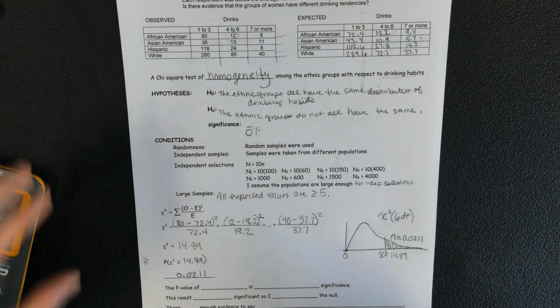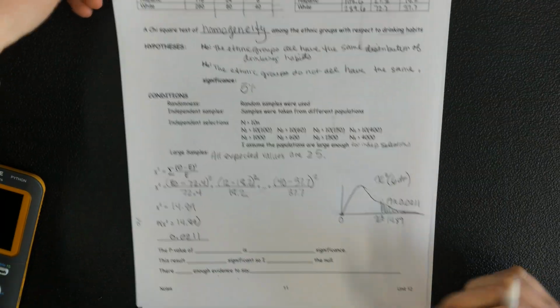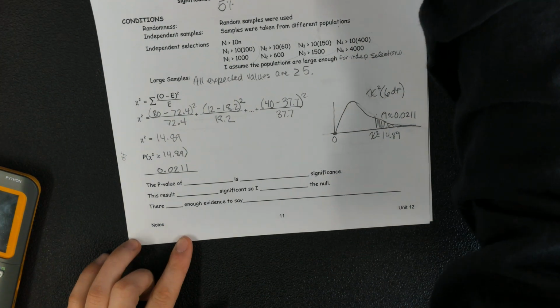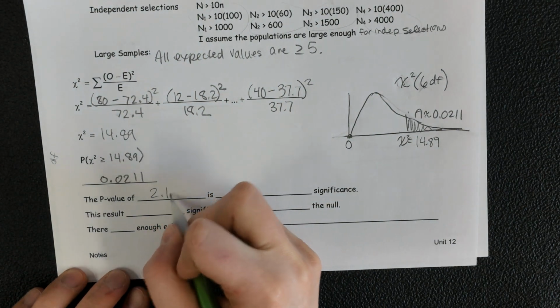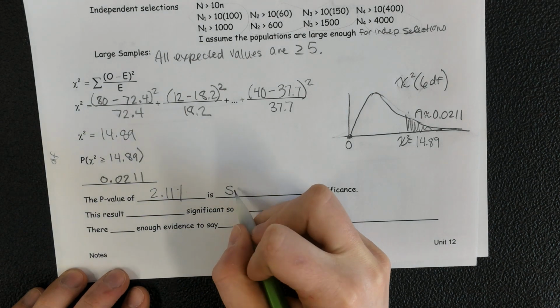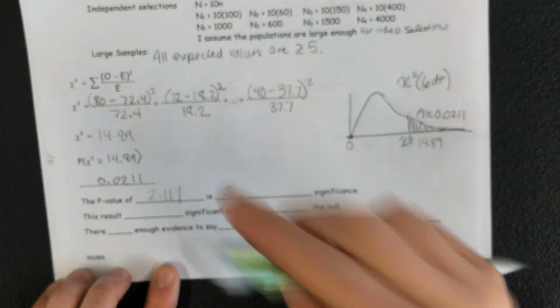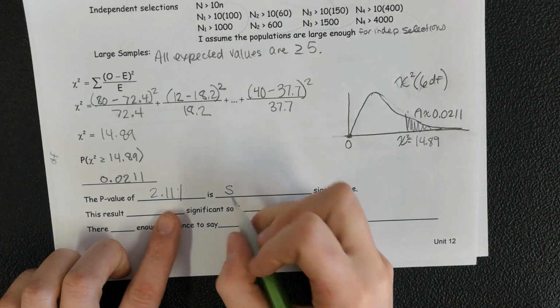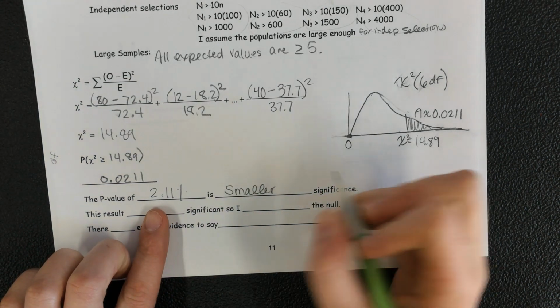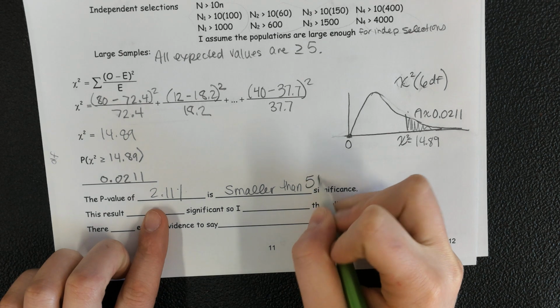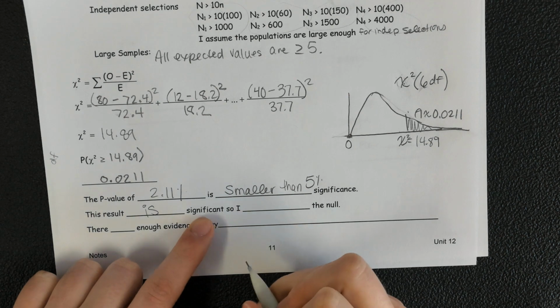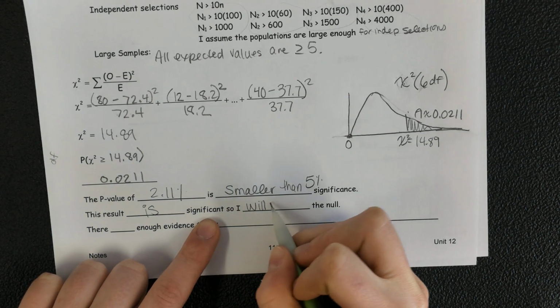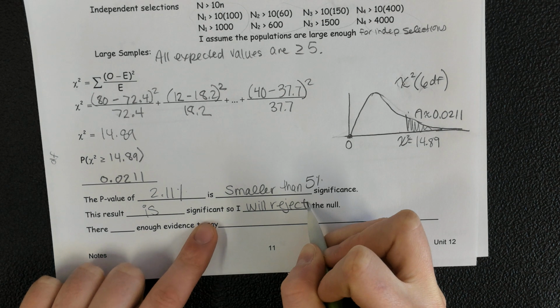Okay, we got it all, and luckily this note section has a nice space on the bottom, so we don't have to write out our entire conclusion. I would say that the p-value of 2.11% is, oh wait, it is smaller than 5% significance. This result is significant, so I will reject the null.